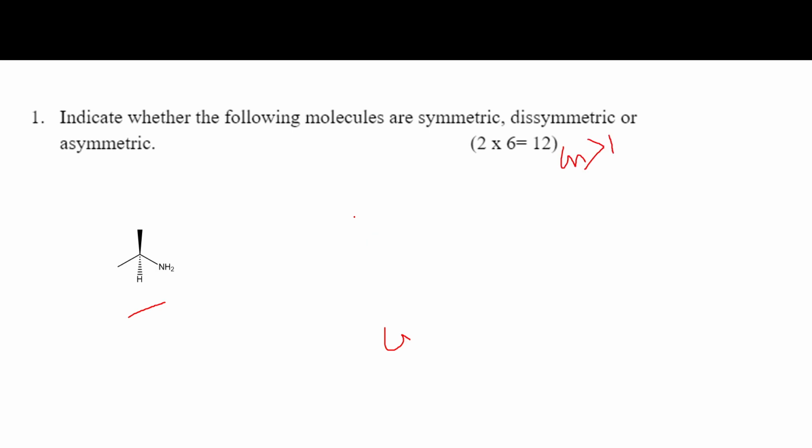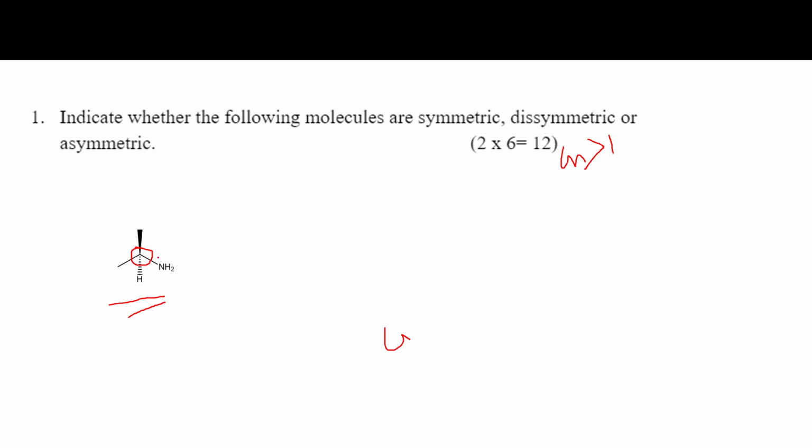Now the next one. You have to identify whether this molecule is symmetric or not. Like I told earlier, if a center has four different substituents, then that molecule has a chiral center, and if your molecule is chiral, then that molecule can never be symmetric or disymmetric. That molecule must be asymmetric.